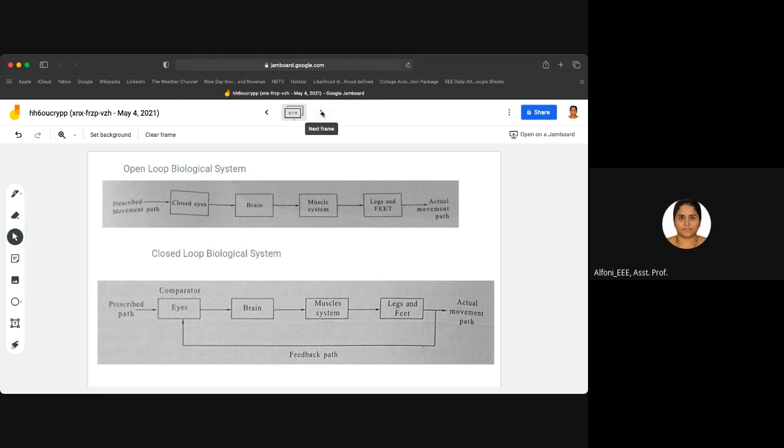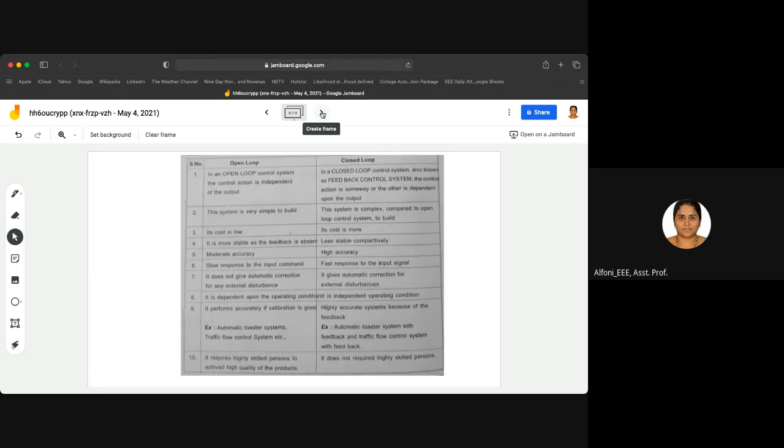Now let's see the comparison between an open loop and a closed loop system. The first comparison: in an open loop control system, the control action is independent of the output, whereas in a closed loop, or feedback control system, the control action is in some way dependent upon the output.